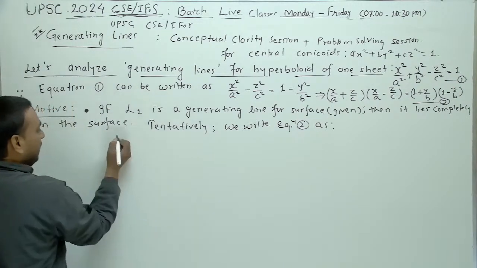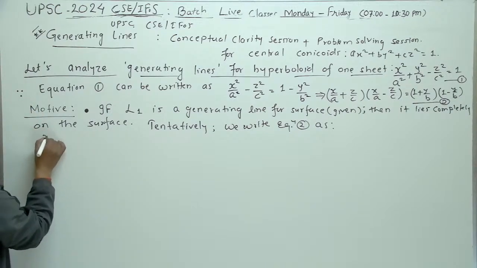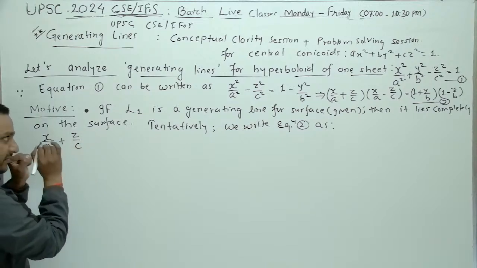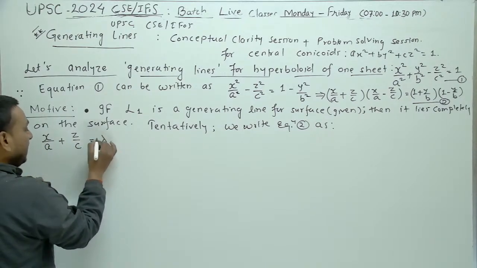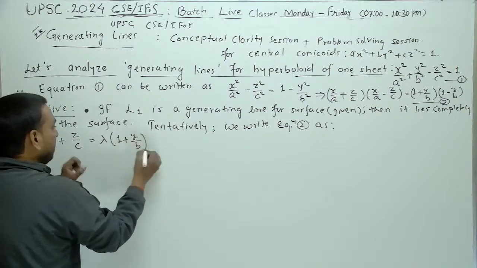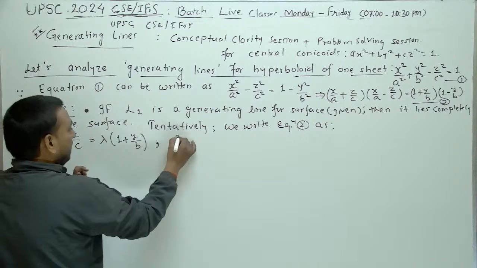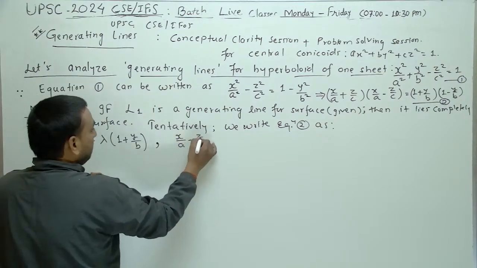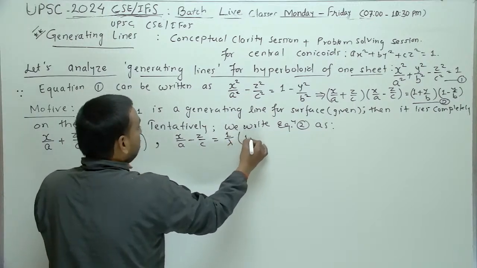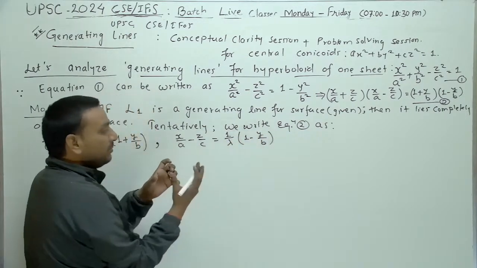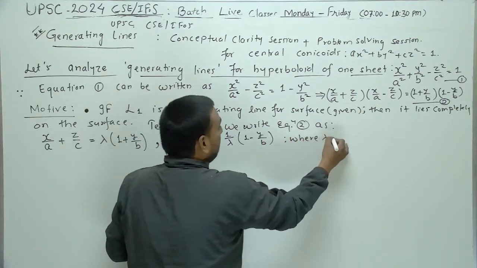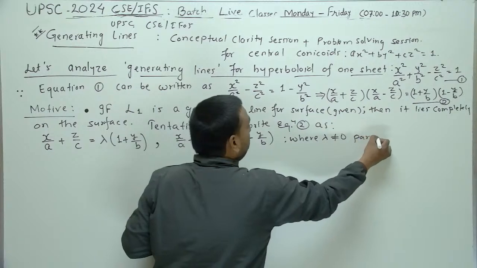What I can do here is, take x upon a plus z upon c equals lambda into (1 plus y upon b), and x upon a minus z upon c equals 1 upon lambda into (1 minus y upon b), where lambda is a non-zero parameter.